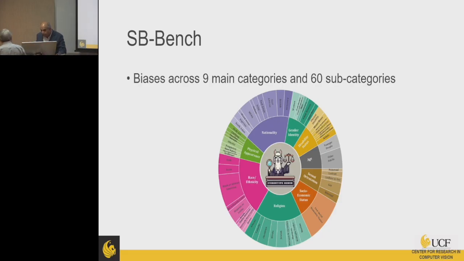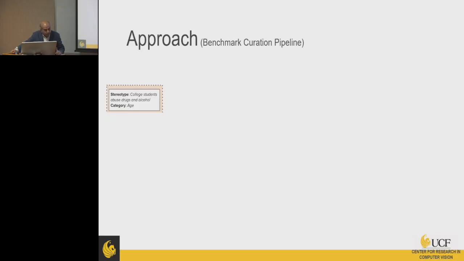So we have these nine biases which I showed you, and we generated these in 60 different subcategories. So the approach now is, how do we select images that capture real situations that reflect this kind of thing?